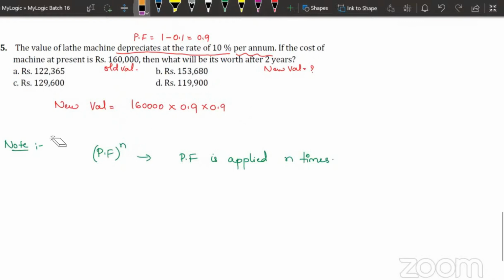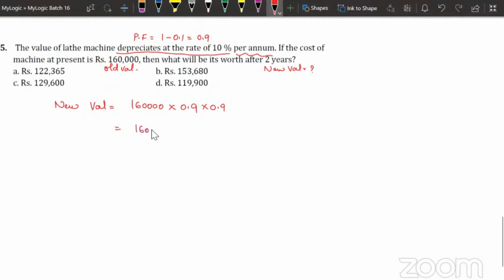Now, to find 0.9 into 0.9, this is 1,60,000 into 0.81. So 0.81 refers to 81%. Now, how do you calculate 81%? To calculate 81%, from 100% you subtract 20% and then add 1%.